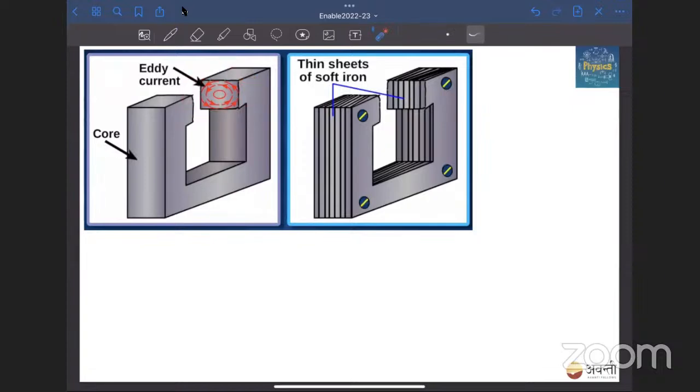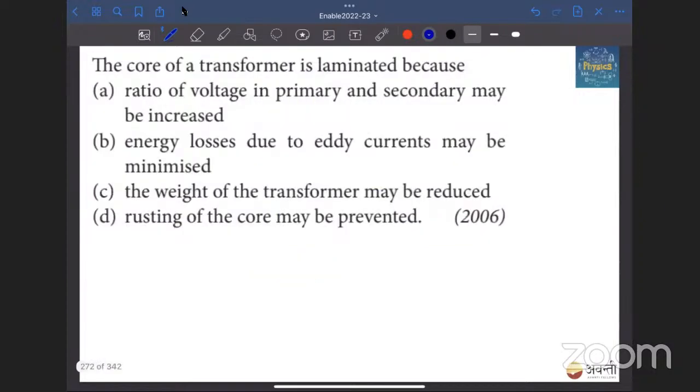And to remove these eddy currents, these sheets are used to make the iron core, and between the sheets some insulators are kept. Chalo. So here also the core of transformer is laminated. Laminated means layers are put because energy losses due to eddy currents may be minimized. B is the correct option.